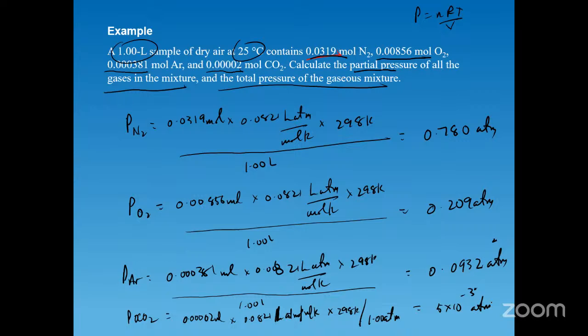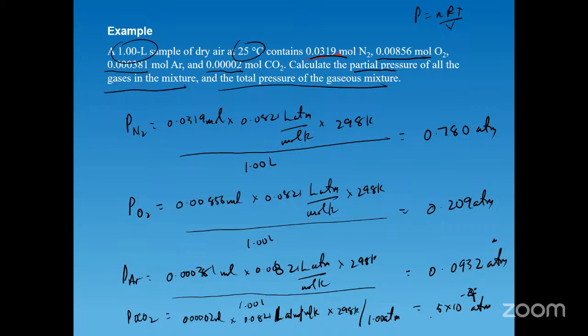I think you skipped a 0. Maybe I missed a 0. 4 zeros? Oh, I did? I kind of suspected I did something wrong. Times 0.0821 times 298 divided by 1. Yes, it should be minus 4 here, not minus 3.